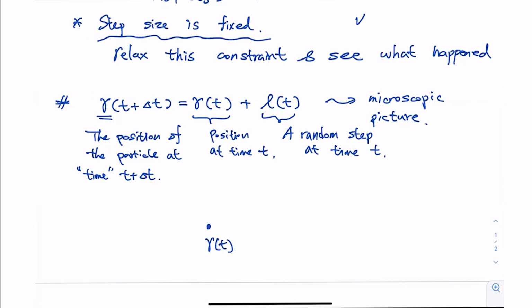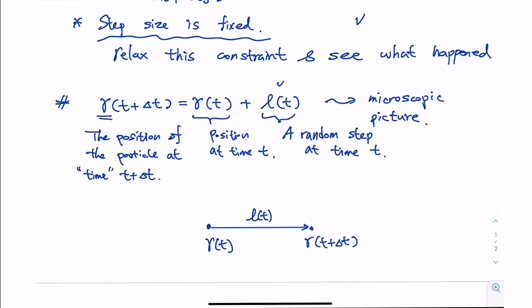Then the next position of my particle is basically determined by the random value L. So this L can be a very big number, maybe large. When L is large, that just means that after time t, when we go to time t plus delta t, the position will be somewhere very far away. This L could be very large or it can be very small.